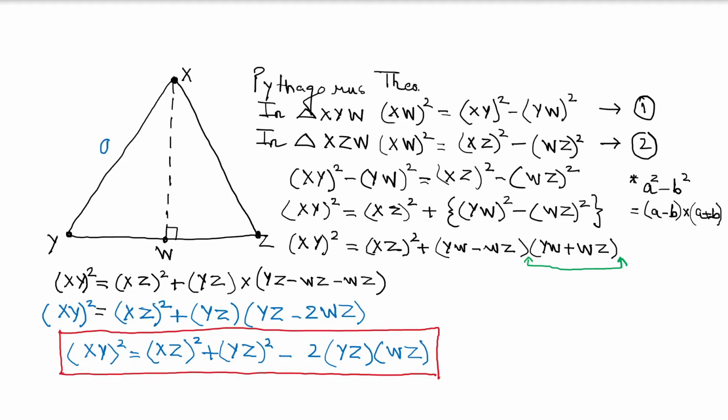So let's say that xy was A, xz was B, and xz was C. In that case, let's assume that yw was x, we assumed it, and in that case wz comes out to be C minus x.